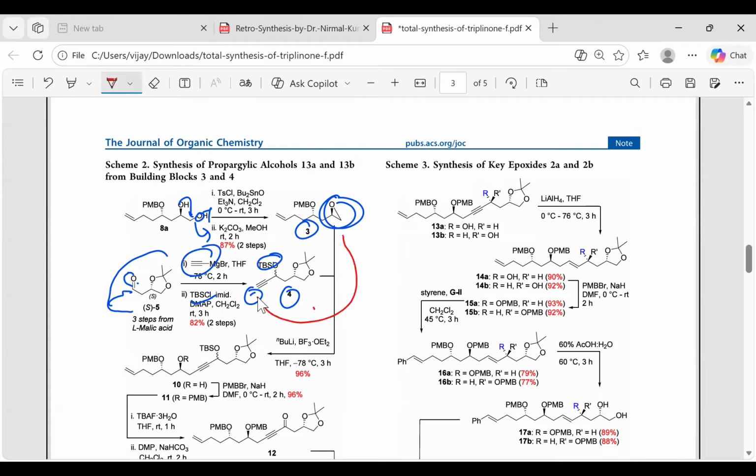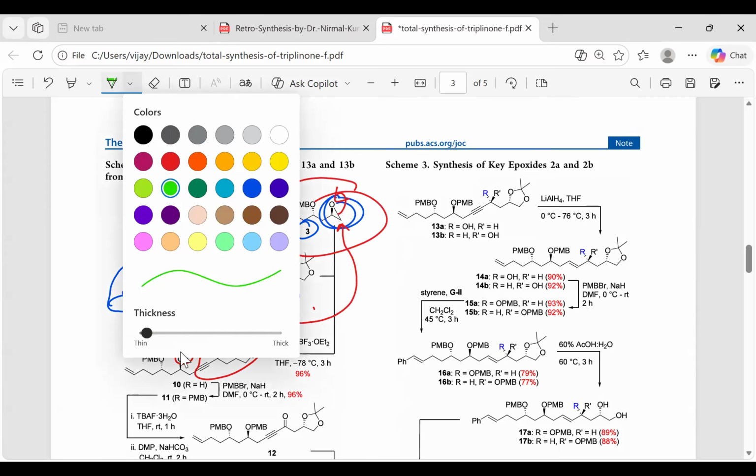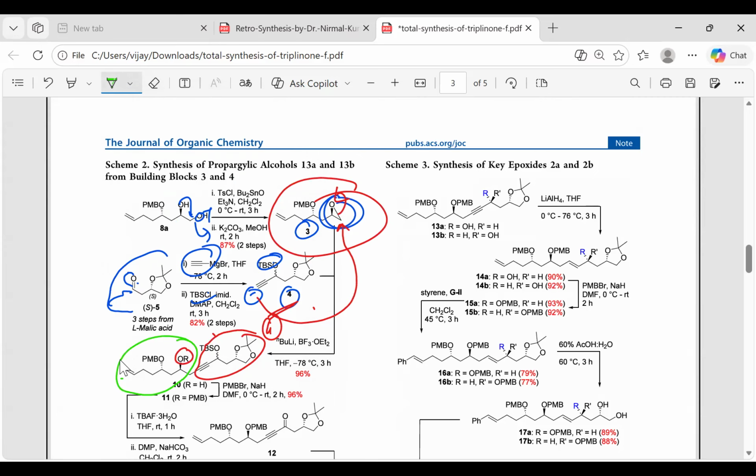It will attack this epoxide at the terminal position and open it to give OH. That's what they did here. You can clearly see this entire part comes from intermediate 4, and this part I'll represent here with the green, this entire part comes from compound 3. So this is how they did the synthesis.